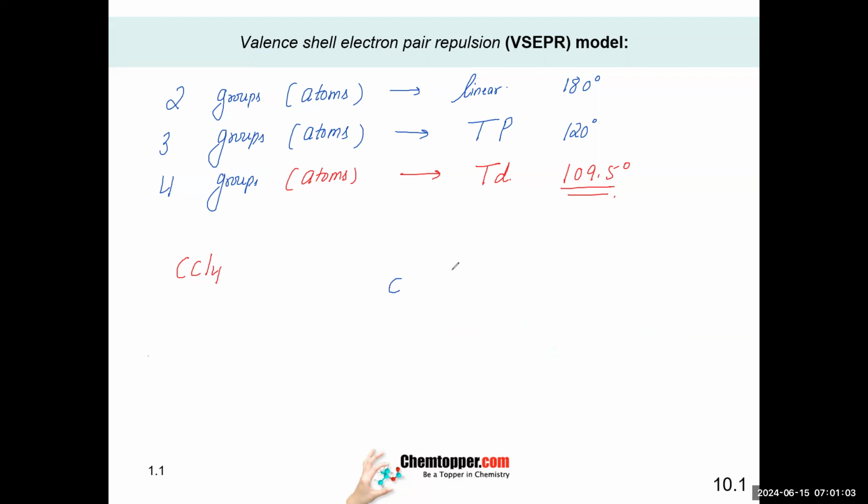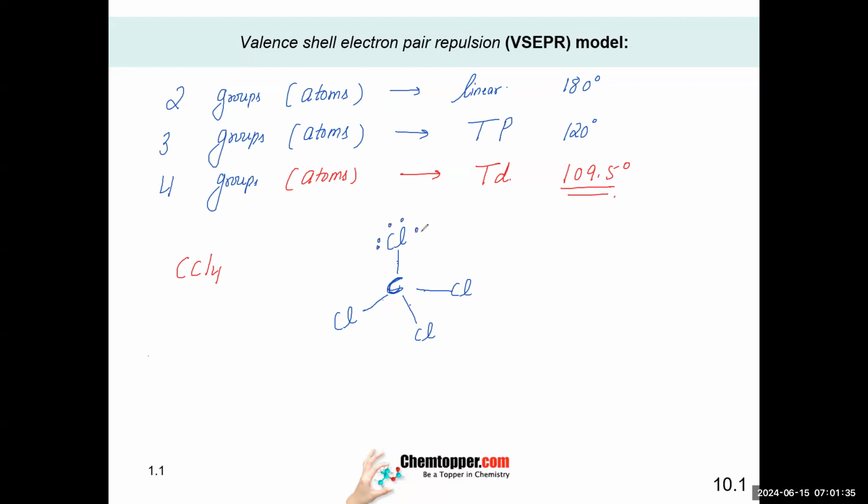Chlorine, bromine, iodine will not make a double bond. So draw the skeleton. Count the total valence electrons. Complete the octet of the chlorine. Now you can see carbon can make 4 bonds. It's already with 4. 1, 2, 3, 4. All valence electrons used. So no more bonds around carbon. Carbon is done.